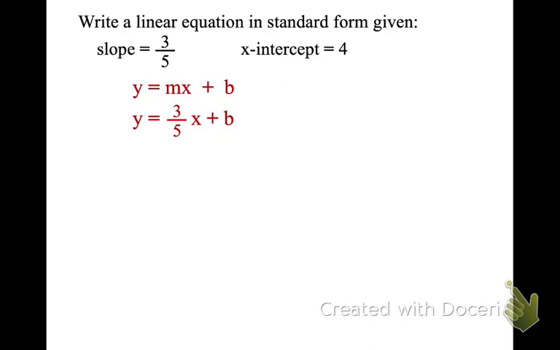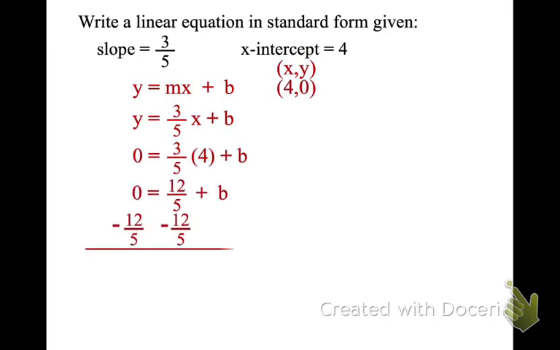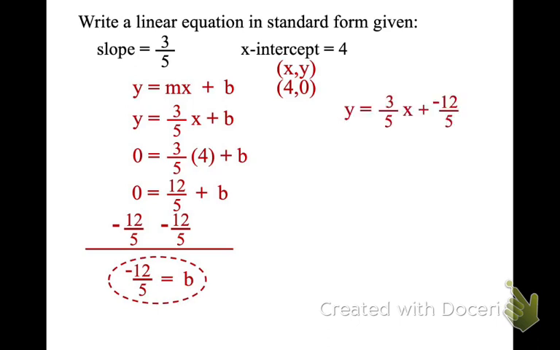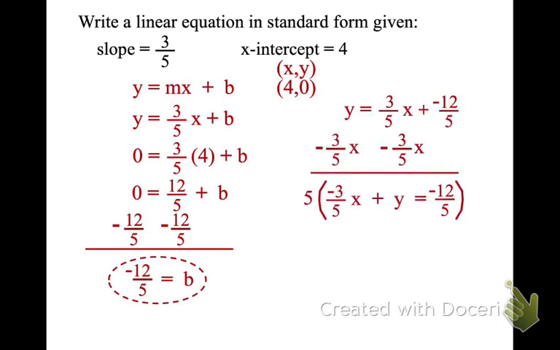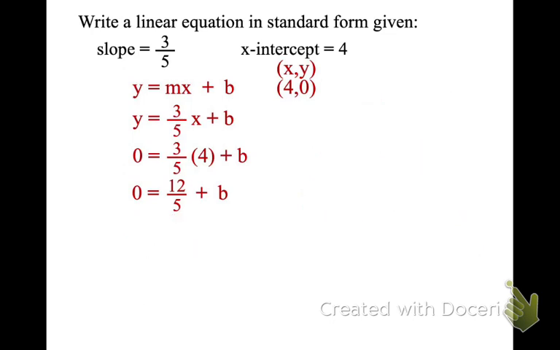Okay, let's try it in y equals mx plus b. I can substitute in the slope. I can substitute in the point. Basically we're substituting it in. I get 12/5.